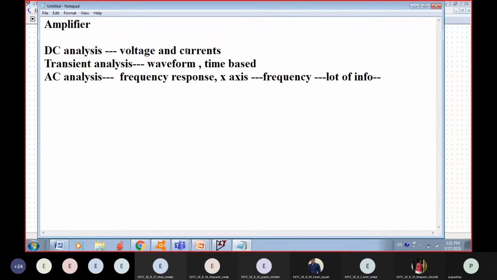DC analysis is necessary because before the amplifier works, you want to ensure that all the voltage and current requirements are met before putting the circuit in actual deployment. So you require a DC analysis beforehand for any circuit. So let's build the circuit.